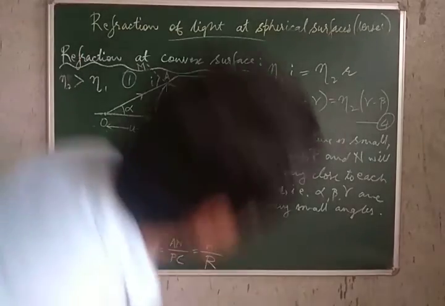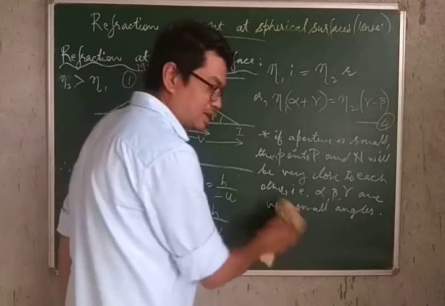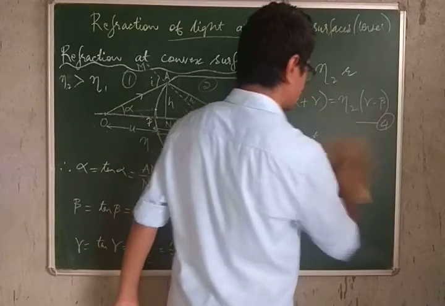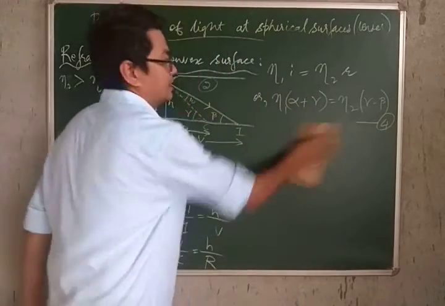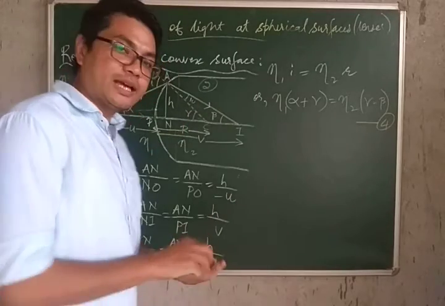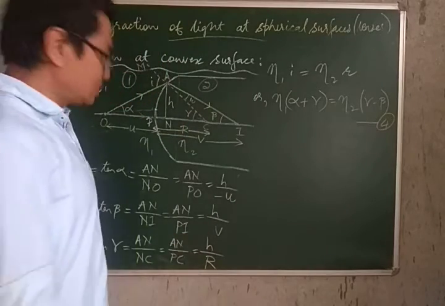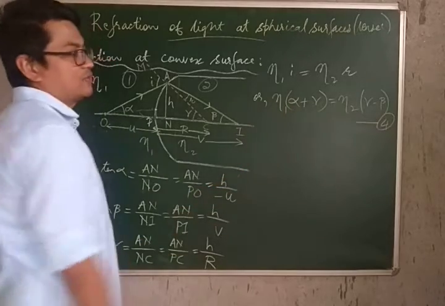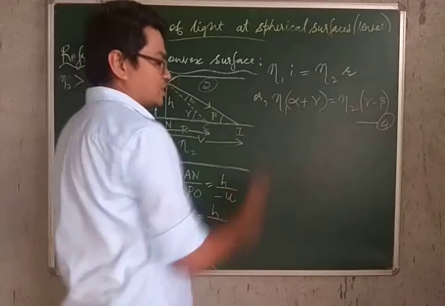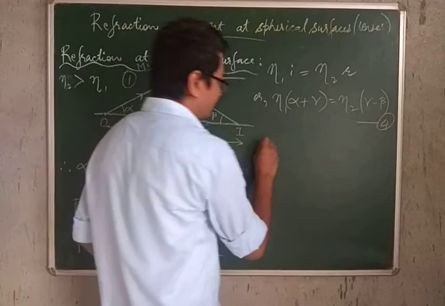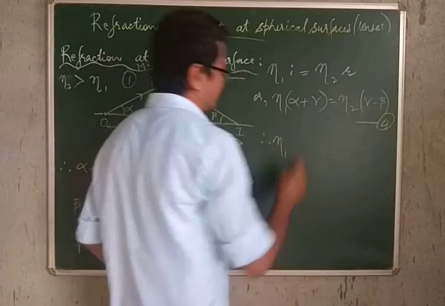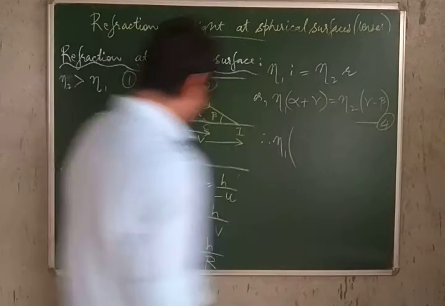Now what we simply do is, let me erase this part. This derivation is important for you all, and I am telling it again. So what we do is we substitute the values of alpha, beta, gamma in equation number 4. So we get eta 1 into, what was alpha?